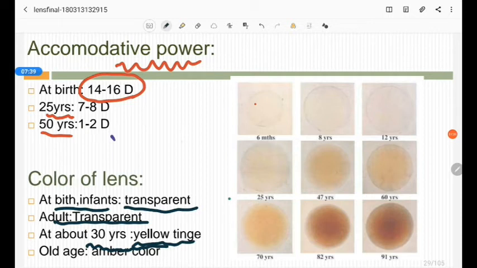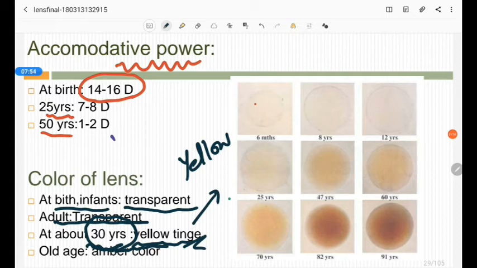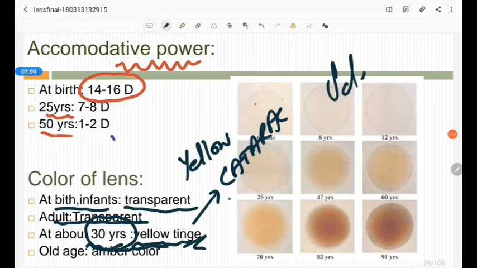So what I would like to specify here is, by the age of 30 years itself, the lens gets a yellowish tinge. So the presence of a yellowish tinge should never be misdiagnosed as a cataract. Cataract means there will be a sclerotic change in the nucleus or the other parts of the lens.